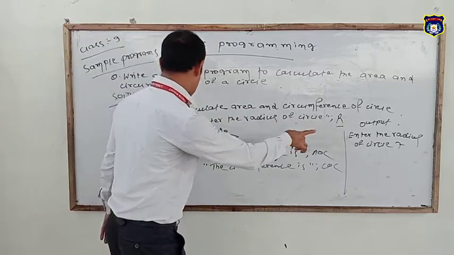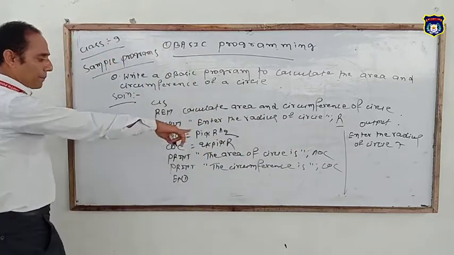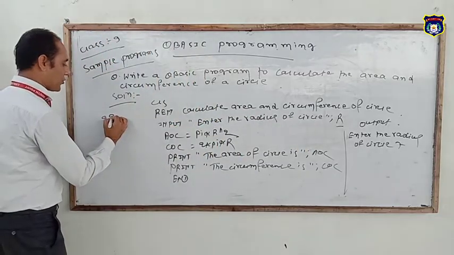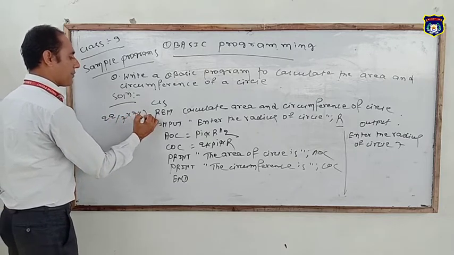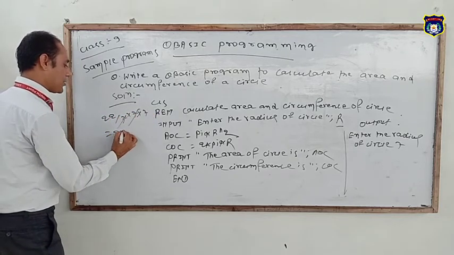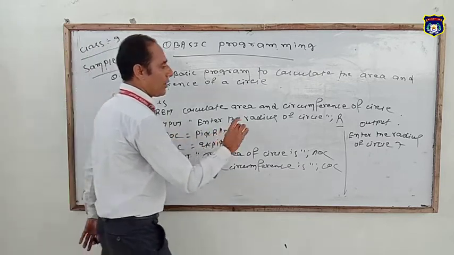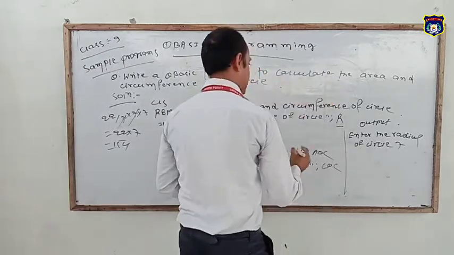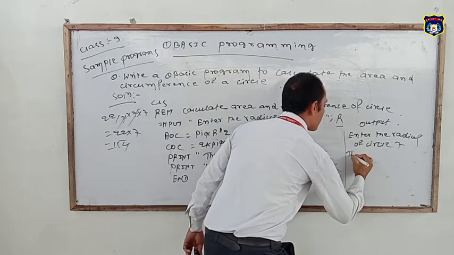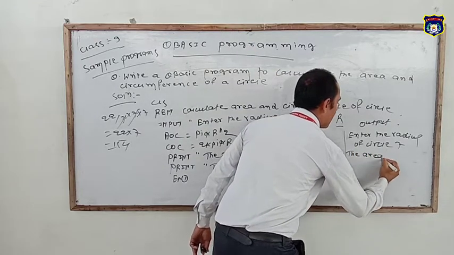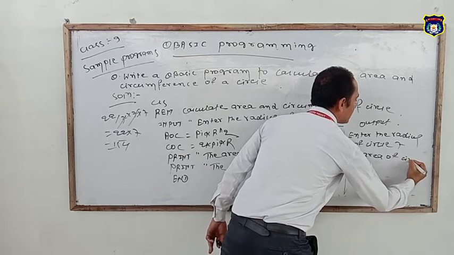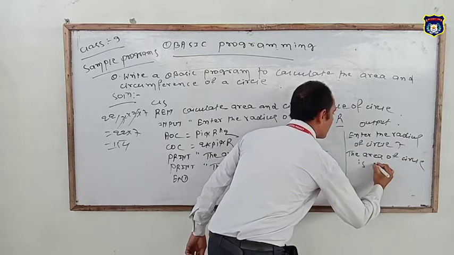If you input 7, then pi R square, what is the value of AOC? That means 22 by 7 into 7 into 7, which equals 22 into 7, equal to 154. The area of the circle is 154.